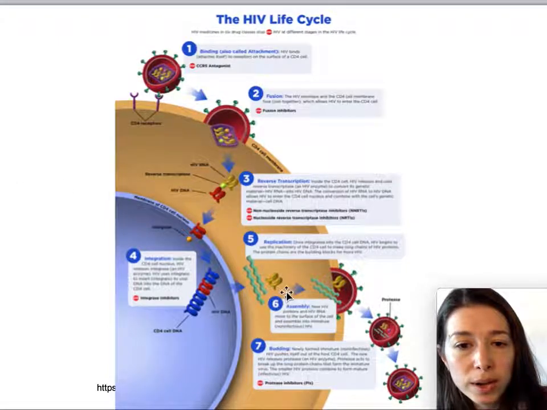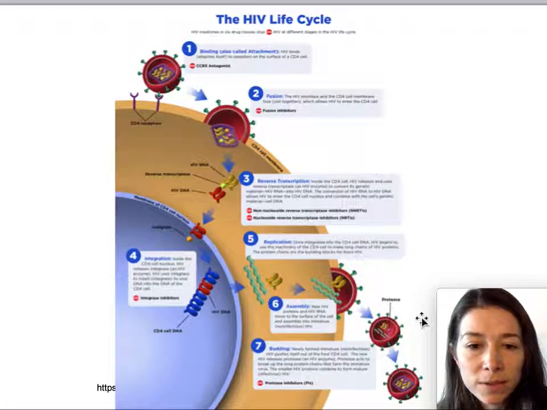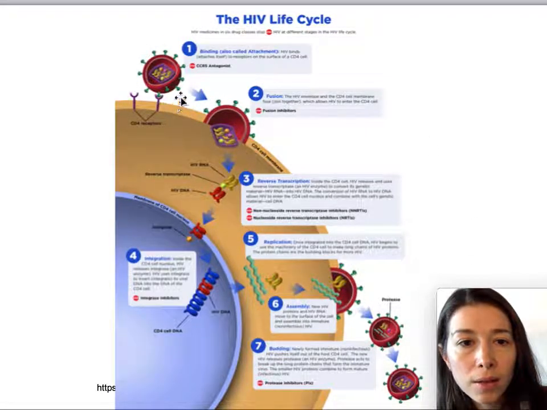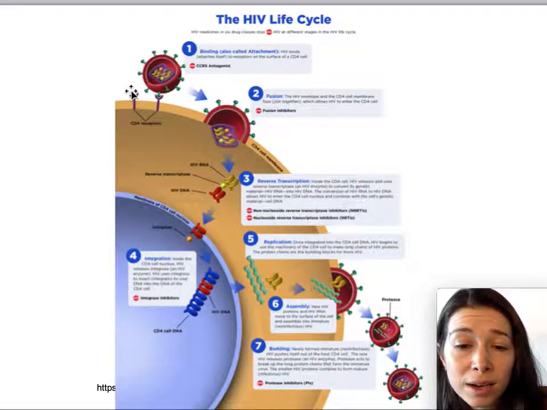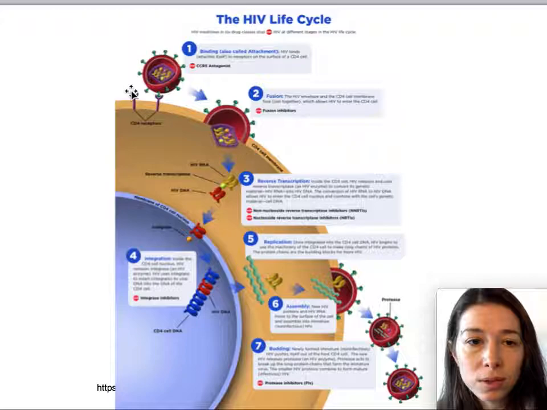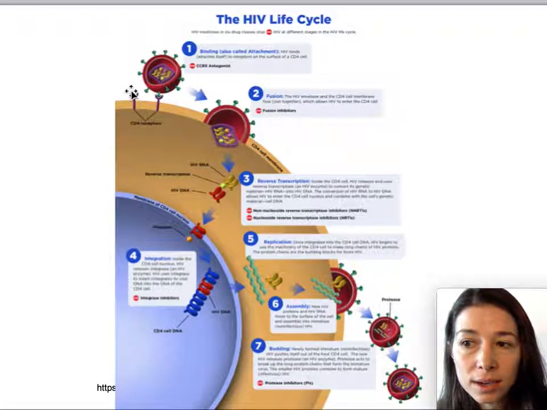And then at some point, the virus buds out of that cell again, and it takes part of that outside of the cell with it, so that next time it encounters another cell, that cell will let it in again because of those proteins. Those proteins on the outside are actually, in this case, human proteins. So another human cell is going to think this is not an infection, this is something that needs to get into the cell, and it's going to let it in.